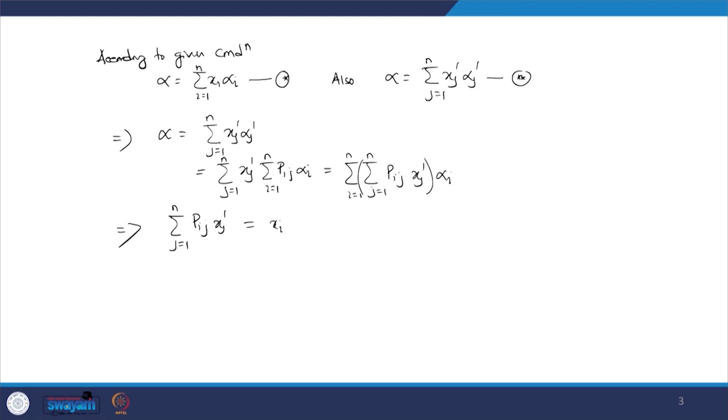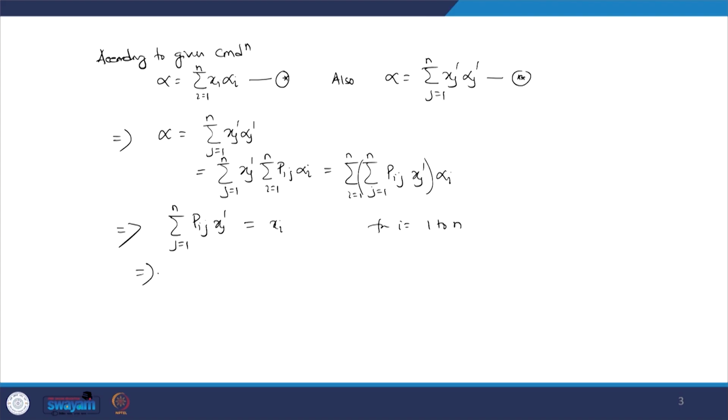Because I have to compare the coefficients of alpha i on both sides. On this side we have, if you see the star, sigma x_i alpha_i, which is equal to, I have written, sigma i equal to 1 to n and sigma j equal to 1 to n p_ij x_j prime. So, I can simply say that x_i equals this for i equal to 1 to n.